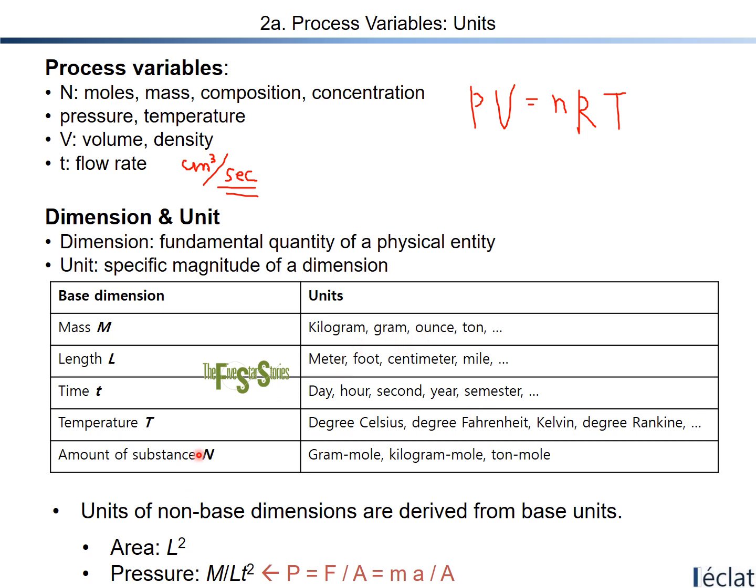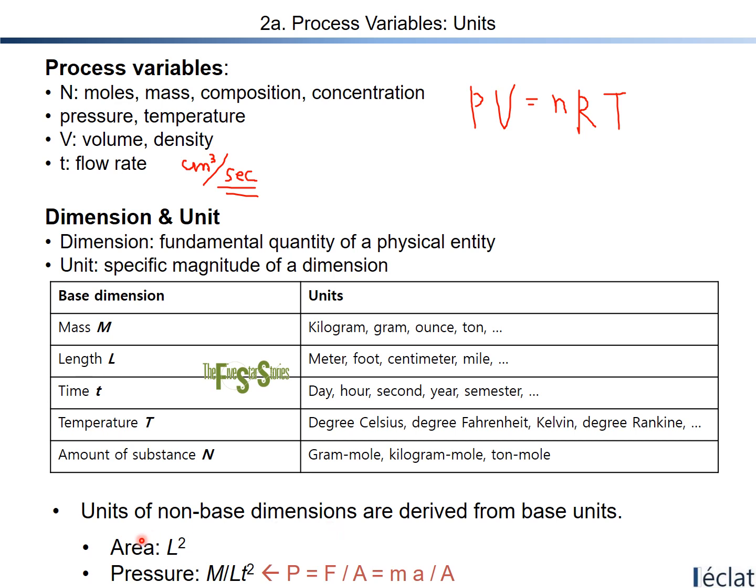Okay, so I have talked about just 5 base dimensions. How about area? How about the other physical entities? For example, area. Area is a non-base dimension.